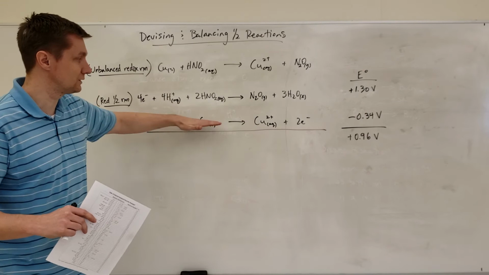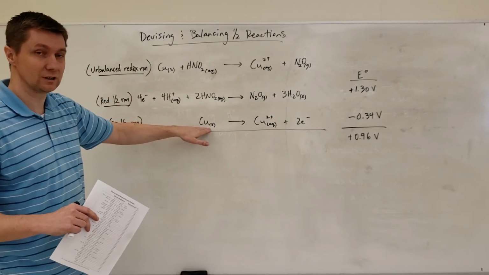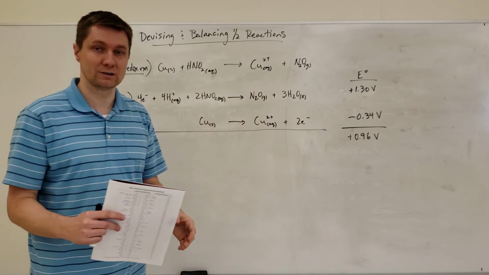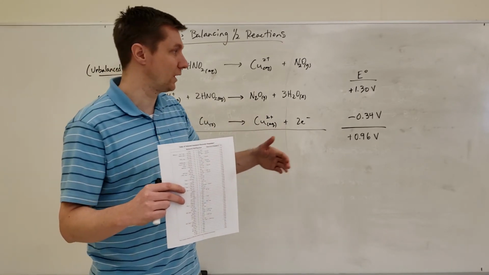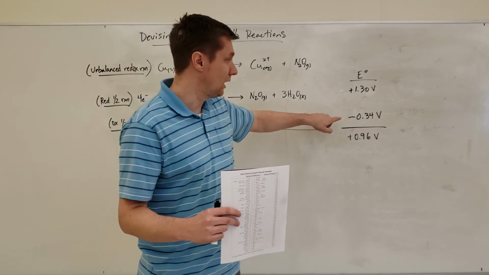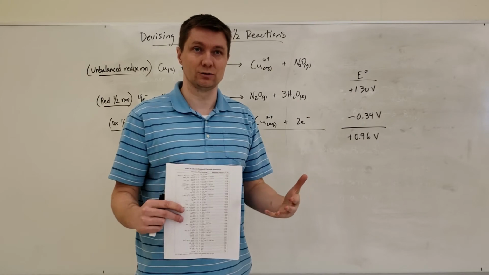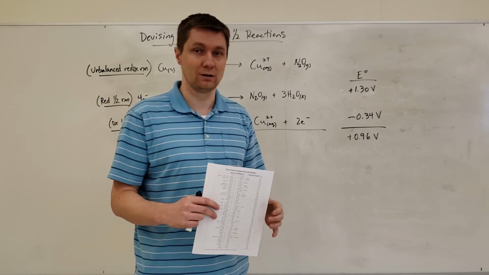And so because copper solid in this redox reaction is losing electrons, it's going to be written as an oxidation half reaction. But when I go to write its electrical potential, I have to write it as an oxidation potential, not a reduction potential.